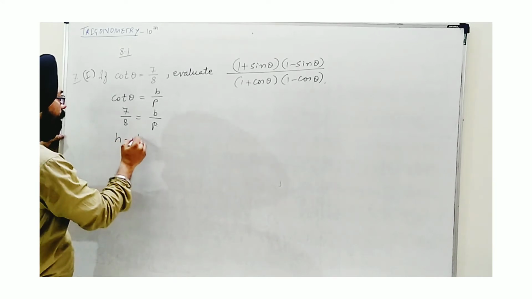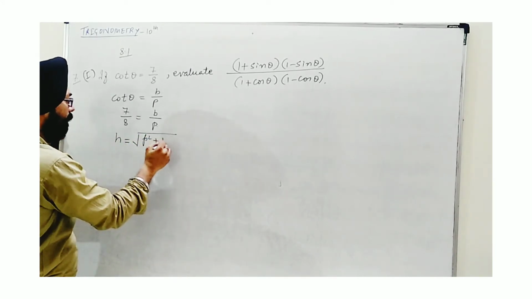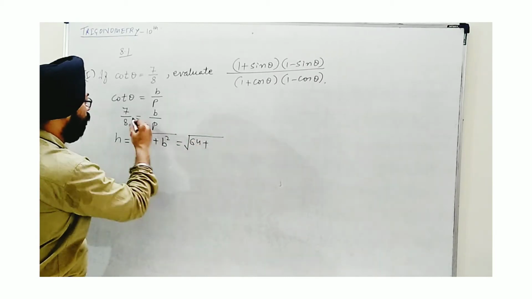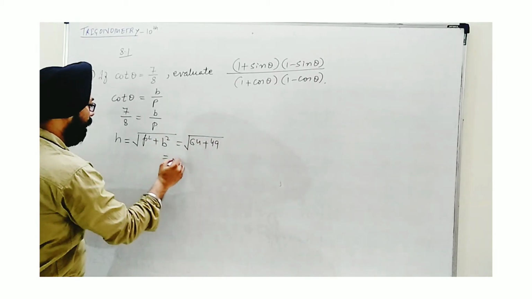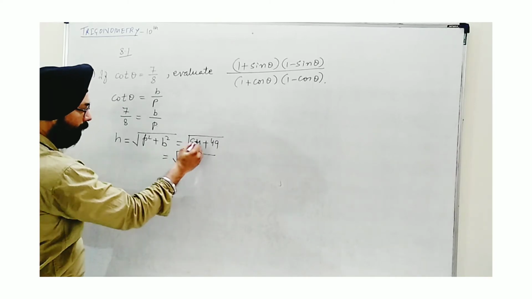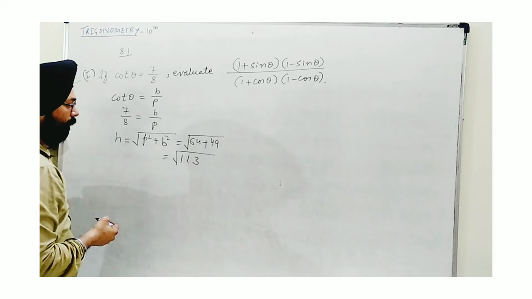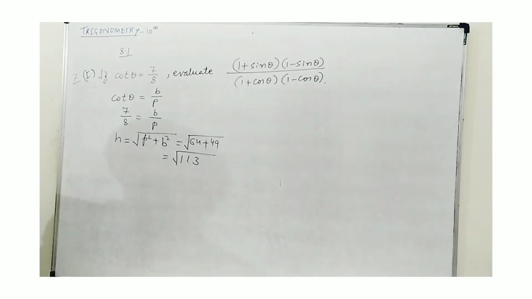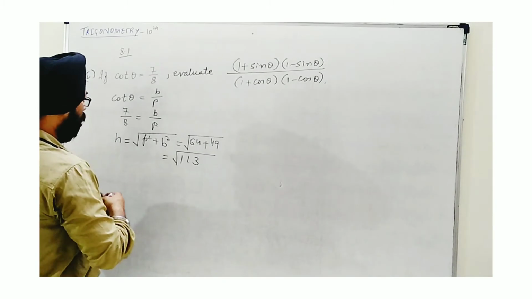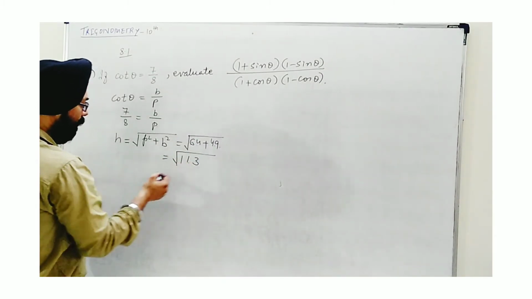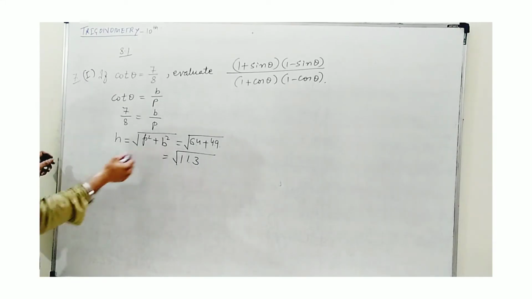H is under root p square plus b square. Putting the values, p square is 64 and b square is 49. We have under root 113, the sum of these two. So we have obtained root 113.